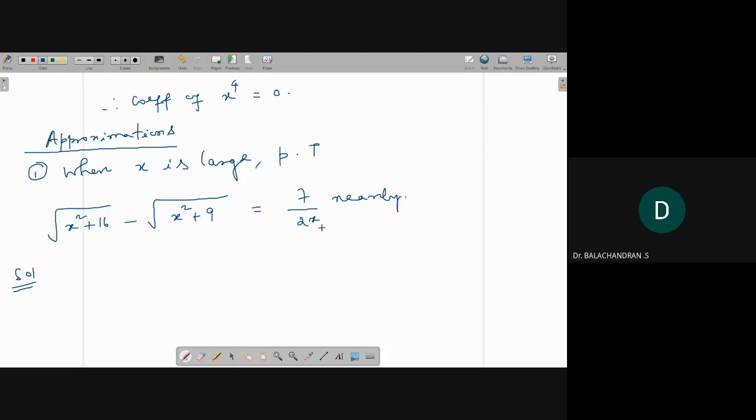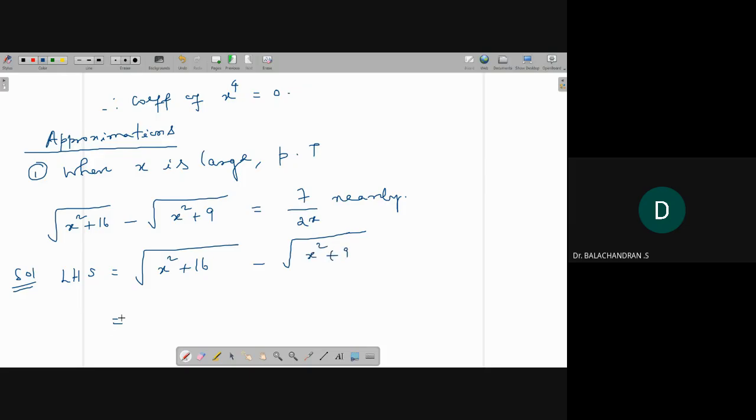Okay. So now I take the left hand side. What is the left hand side? Root of x square plus 16 minus root of x square plus 9.